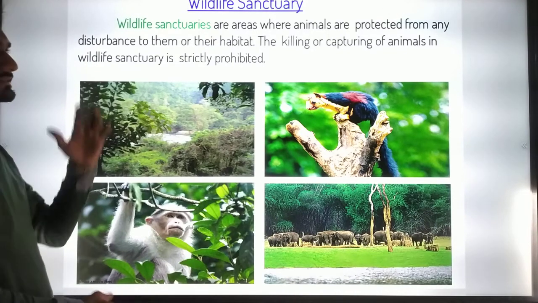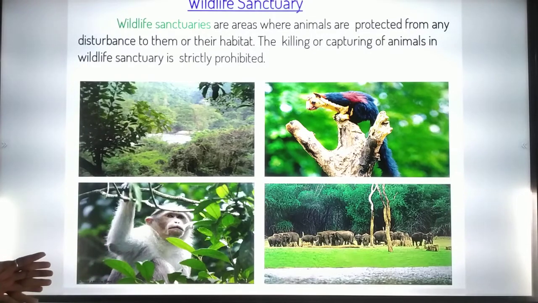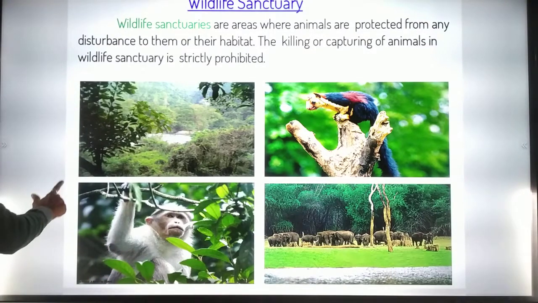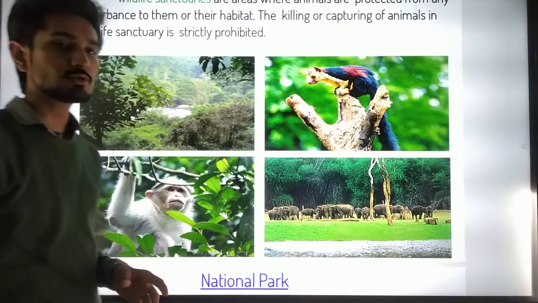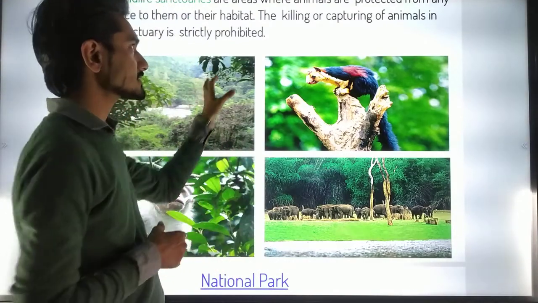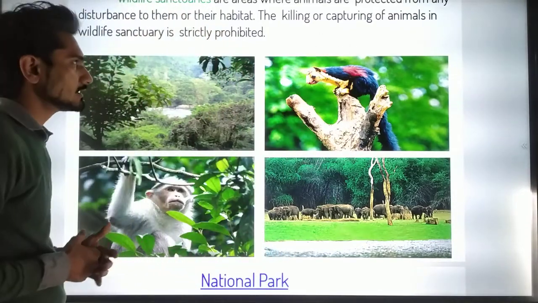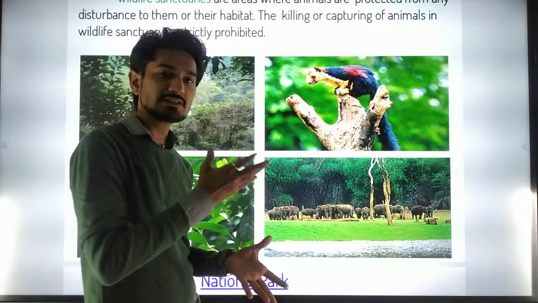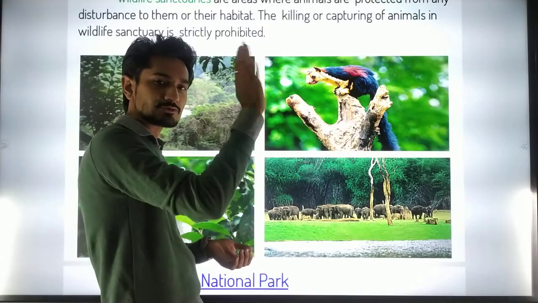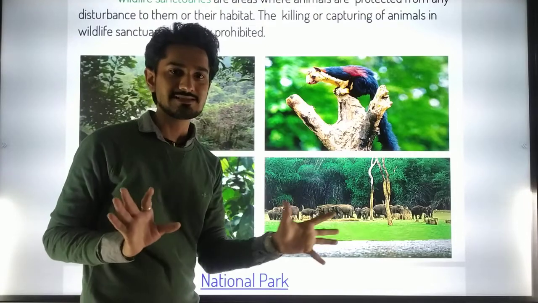This is the same as the biosphere reserve. The killing or capturing of animals in a wildlife sanctuary is strictly prohibited. It does not mean that you can go into the biosphere reserve and kill them. They have just given a point that you cannot kill animals there. It does not mean that you can kill in the national park or in the biosphere reserve. You cannot kill them.